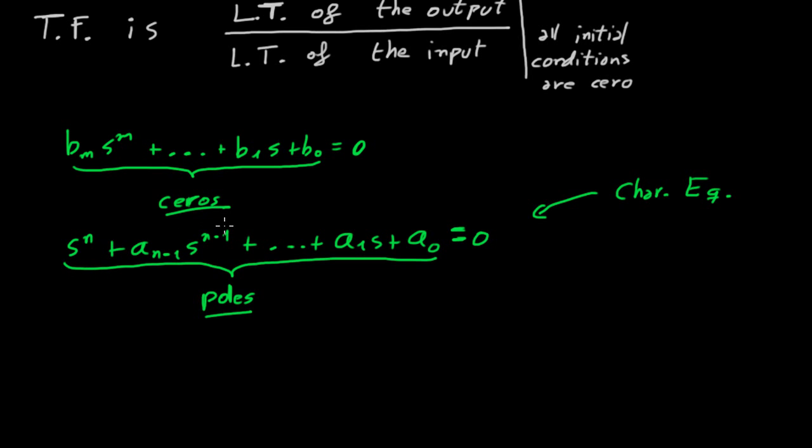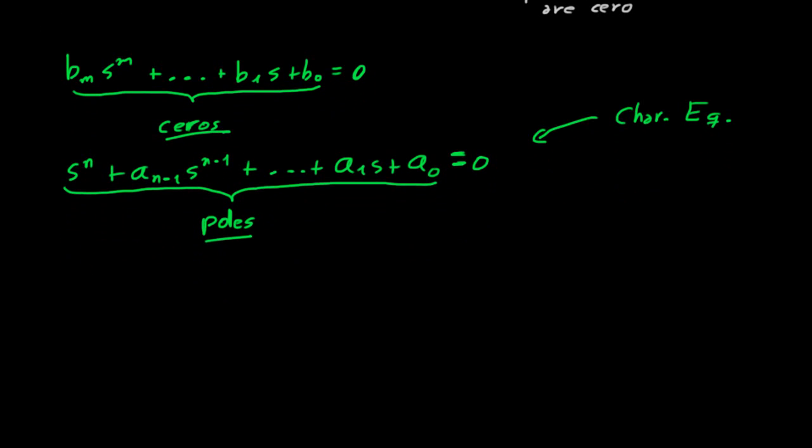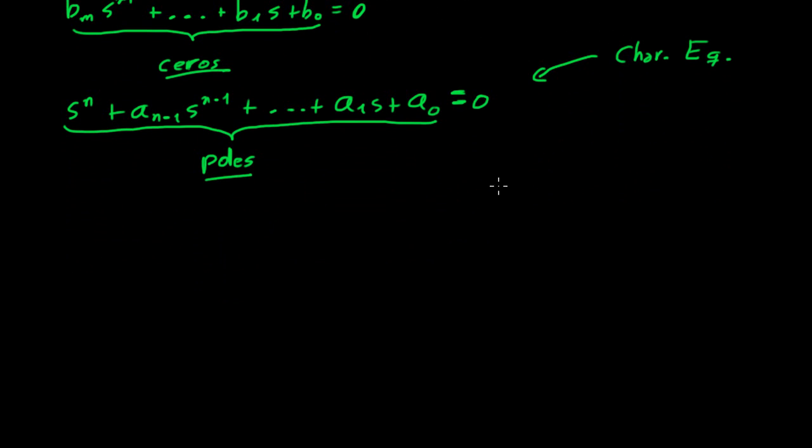Finally, I want to mention a further advantage of the transfer function, and that is that we can find the transfer function even if we don't have the differential equation. So imagine that we have a system and we know nothing about it, but we have access to its input and to its output, but we don't have any differential equation or any other kind of description.